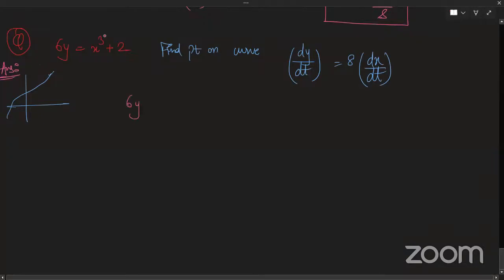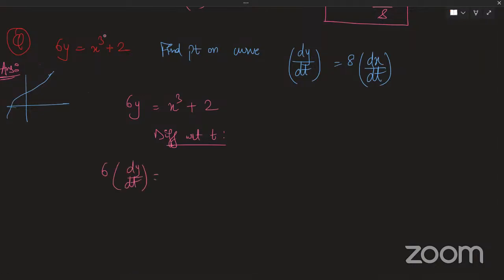So you have got 6y is equal to x cube plus 2. If I differentiate both sides with respect to t, it will be 6 into dy by dt is equal to... Can you differentiate the right hand side and tell me the derivative with respect to t? The derivative of x cube with respect to t.